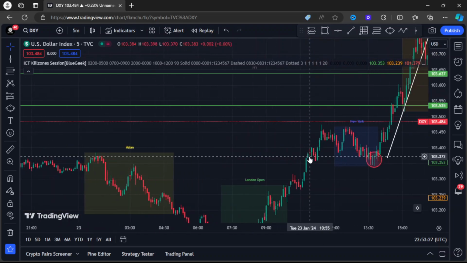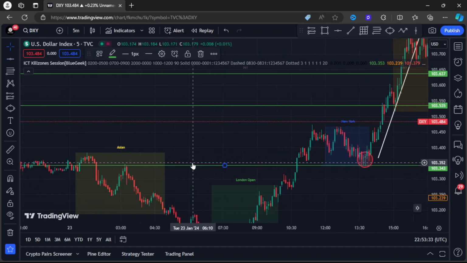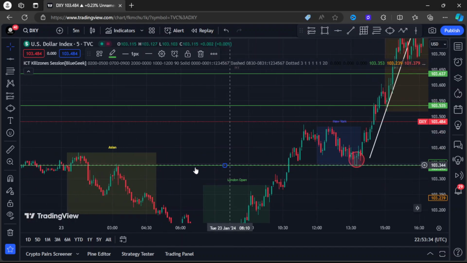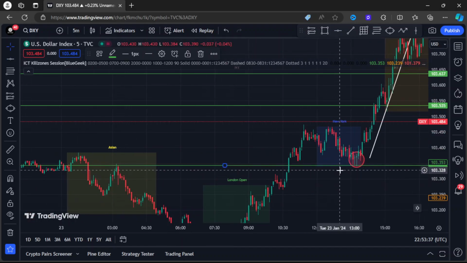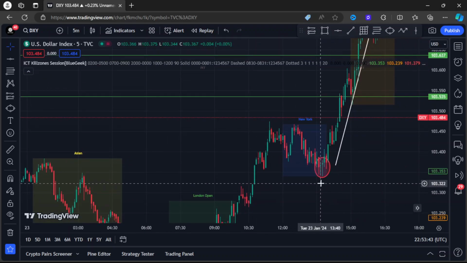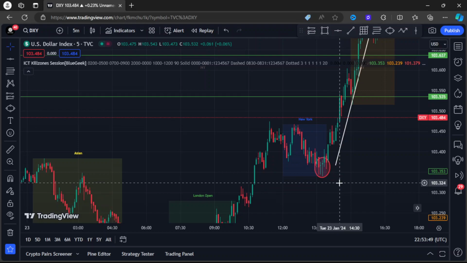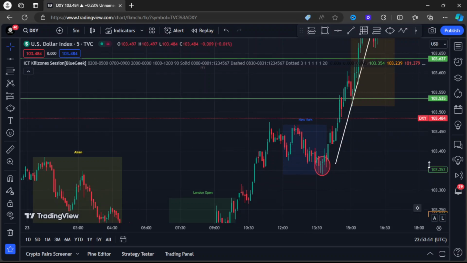We can also find something like a support zone here. It tapped into it, came around here, but that's not our focus. It came to take liquidity with these five candlestick wicks, which serve as liquidity.